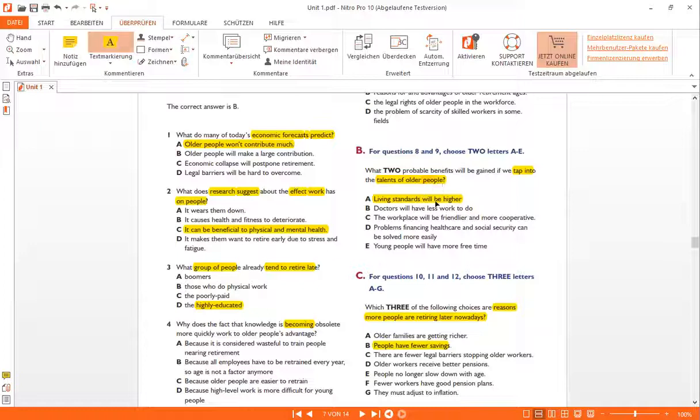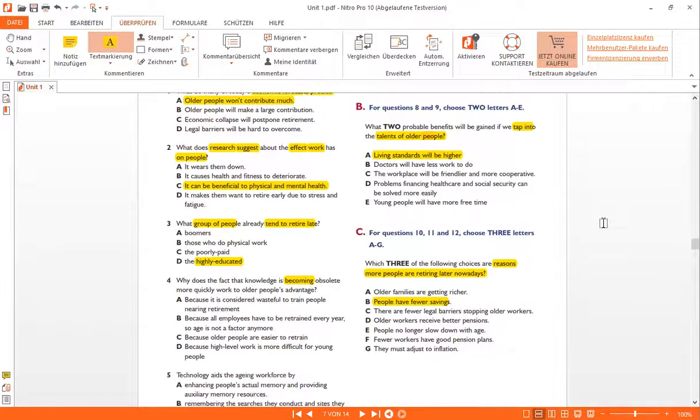One of them is living standards will be higher. So tap into, remember you've got this word in the text. So you go there and then you read around it. And then also throughout the text, what are the benefits that we can get if older people work for longer? And then look for the other answer to it.